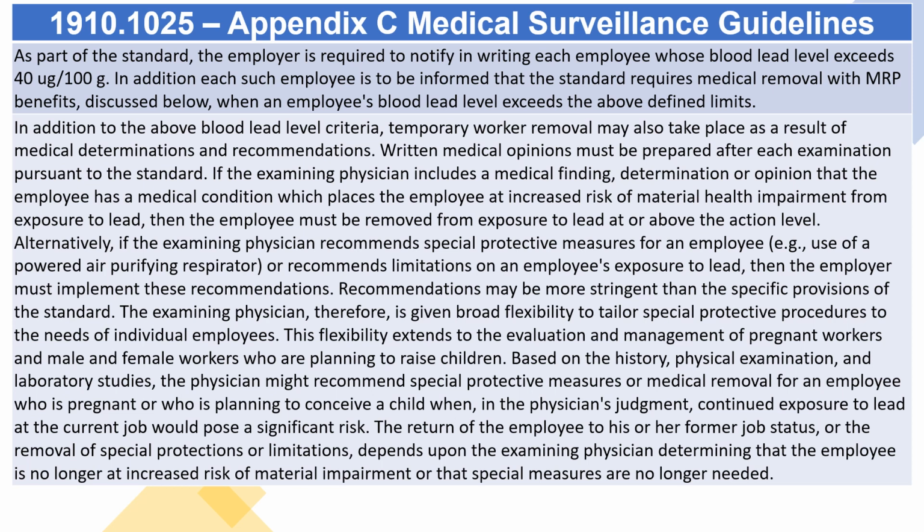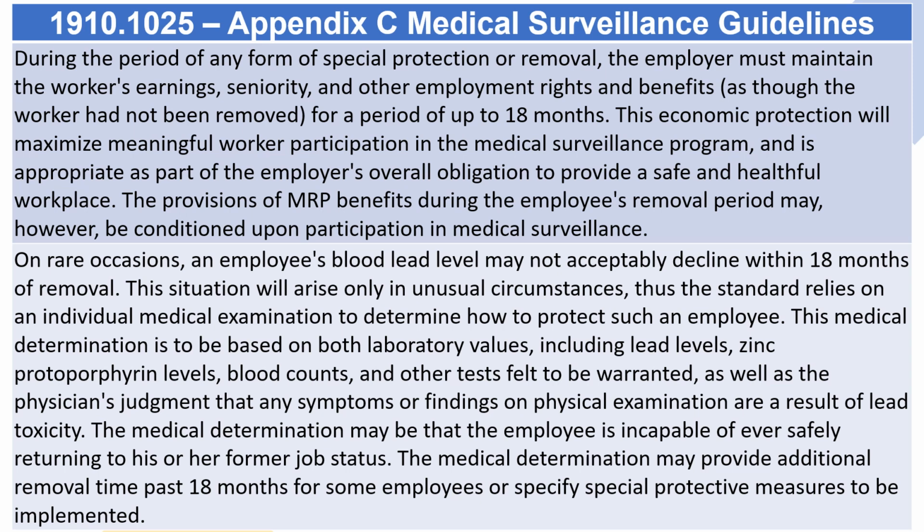The return of the employee to his or her former job status, or the removal of special protections or limitations, depends upon the examining physician determining that the employee is no longer at increased risk of material impairment or that special measures are no longer needed. During the period of any form of special protection or removal, the employer must maintain the worker's earnings, seniority, and other employment rights and benefits, as though the worker had not been removed, for a period of up to 18 months.